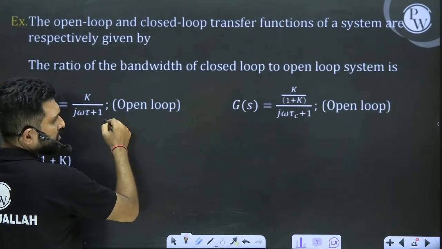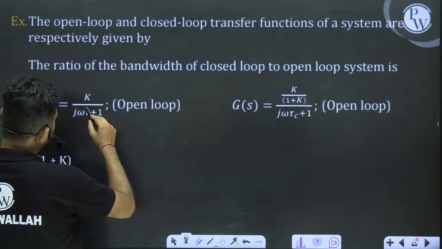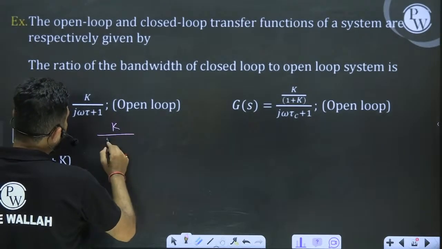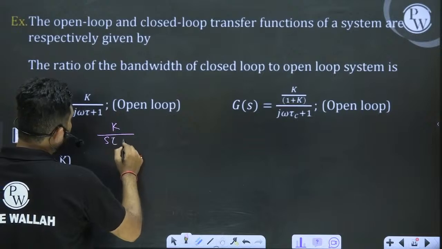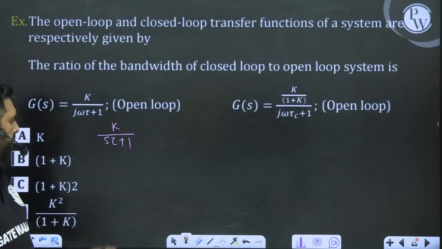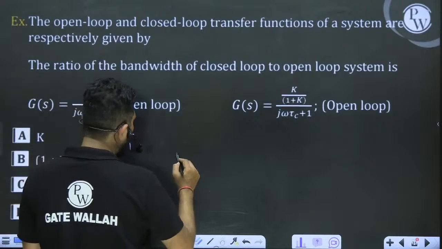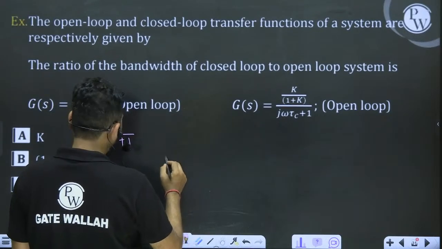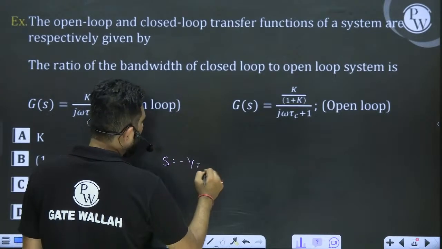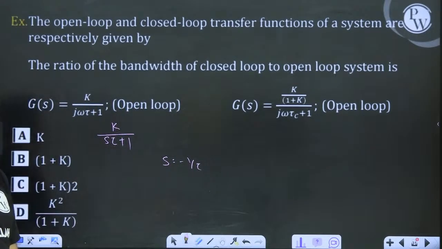Here the pole is at k divided by s tau plus 1. So where is the pole? Pole is at minus 1 by tau. So what is the bandwidth?